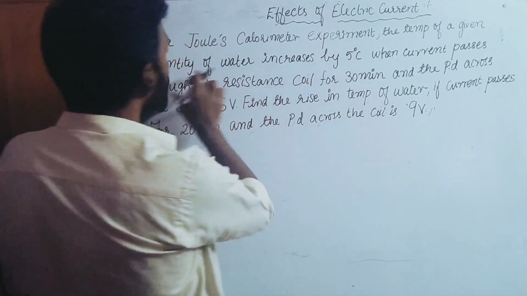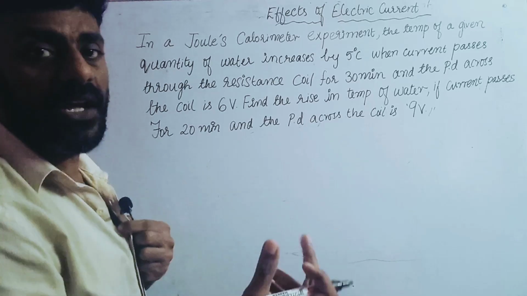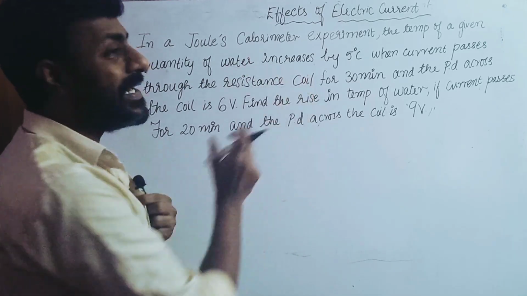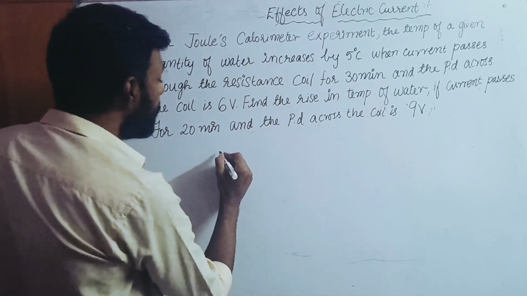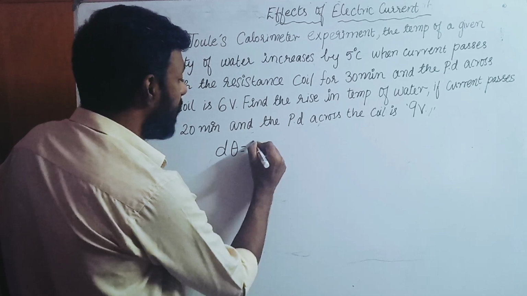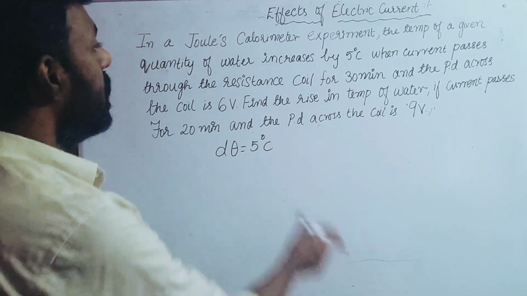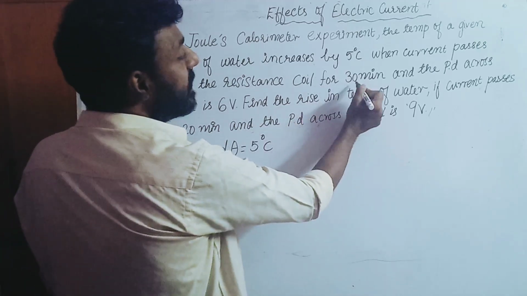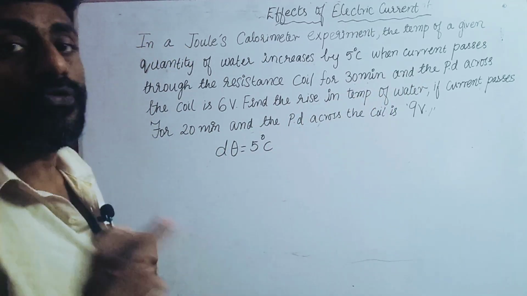Right. So here the quantity of water increases by 5 degrees Celsius. Increases by 5 degrees means it is not the temperature value, it is the increase in temperature difference. So that is nothing but d theta, which is 5 degrees Celsius. And they are telling us that the current is passed for a time interval of 30 minutes.